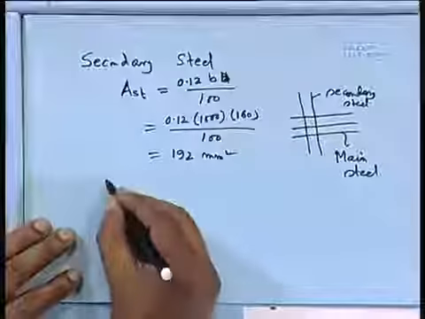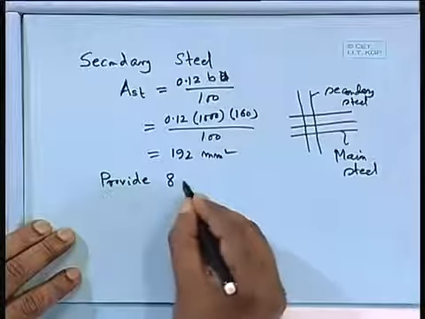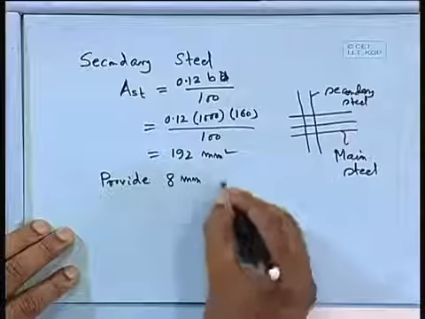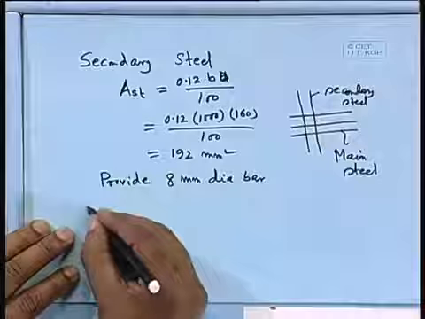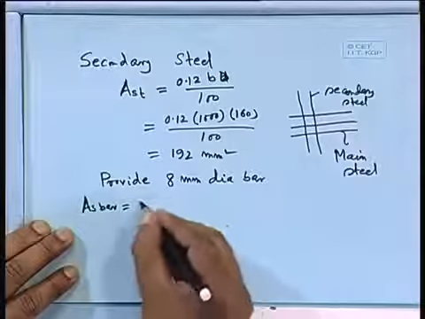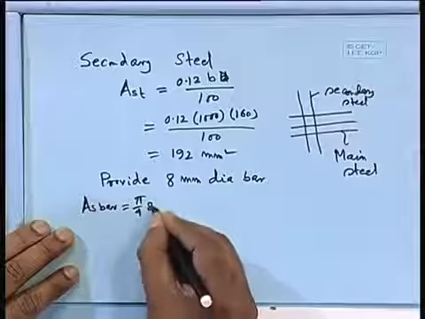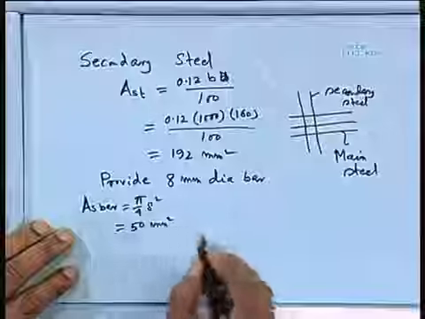So if we provide 8 millimeter diameter bar, the area of the bar comes as 50 square millimeter.